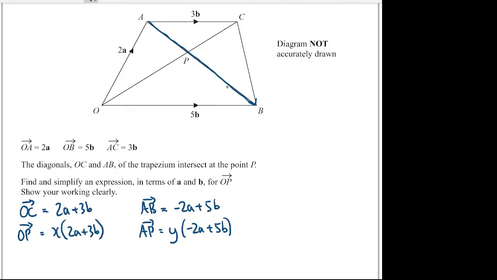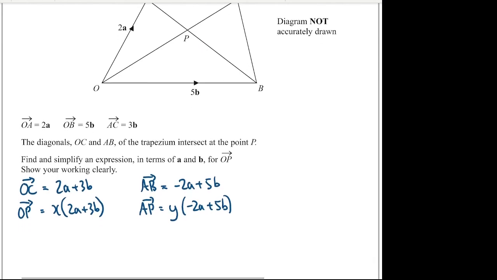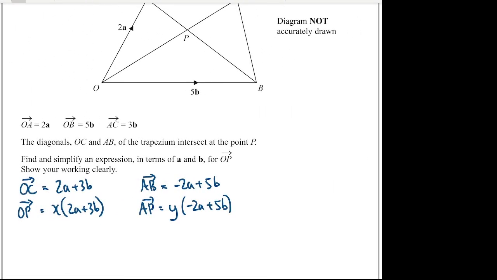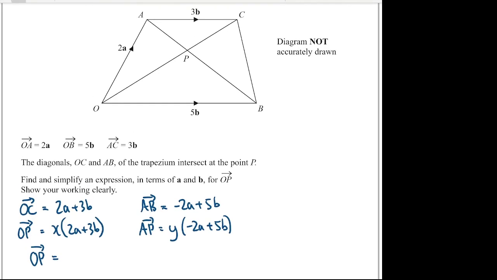And now I need to find a way of combining these two things that I've just created. So what I'm going to do is write O to P. First off, I know that it's x(2a plus 3b), but is there another way that I can find O to P by not just going directly there, going a different way around and including A to P?